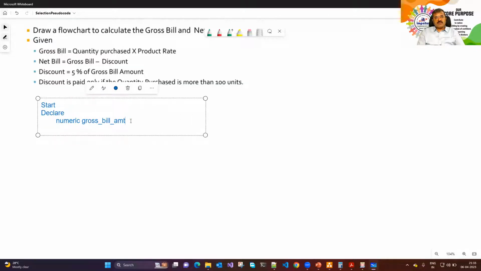Second variable that I want is net bill amount. I can say numeric, integer, or real, like what we did last time. That's totally our choice. When I say numeric, I'll accept integer as well as real numbers. The third thing that I create is discount.